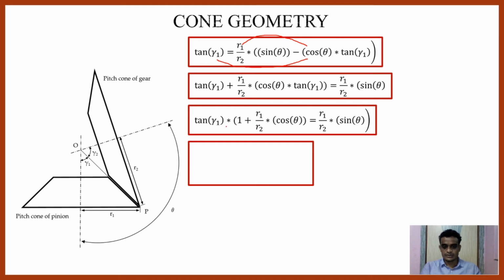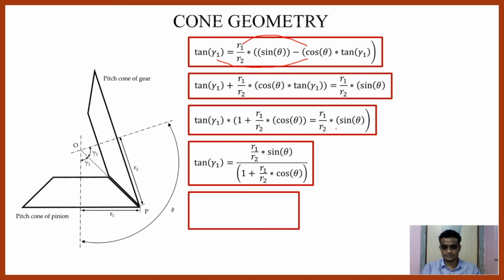Again, if we take tan gamma 1 as a common term, we find tan gamma 1 into the bracket 1 plus r1 upon r2 into cos theta is equal to r1 upon r2 into sin theta. That means tan gamma 1 is this value divided by this, which is r1 upon r2 into sin theta upon 1 plus r1 upon r2 into cos theta. And this is our final expression.